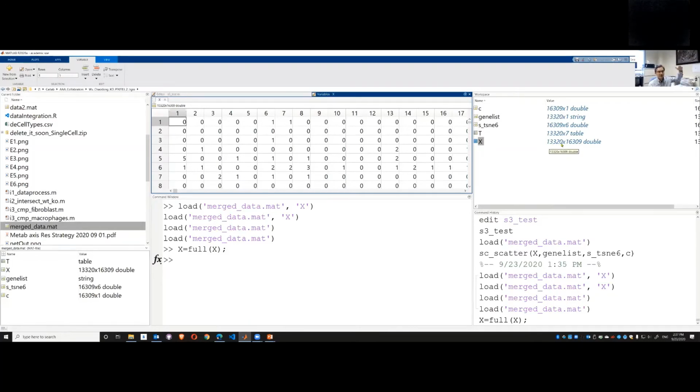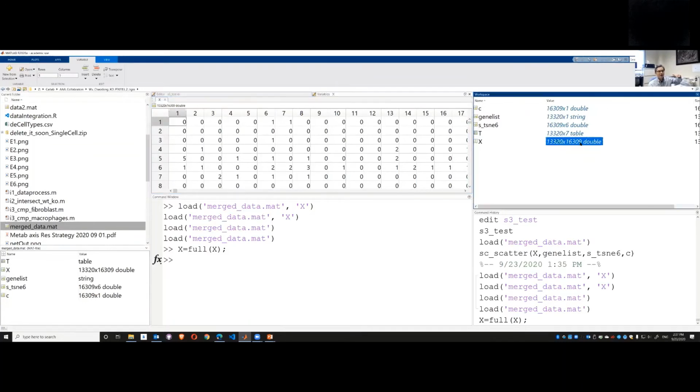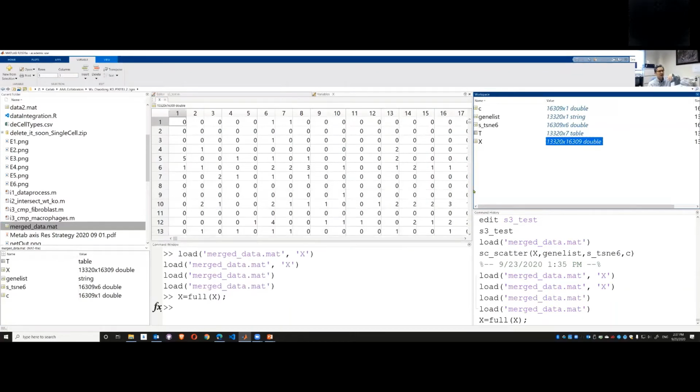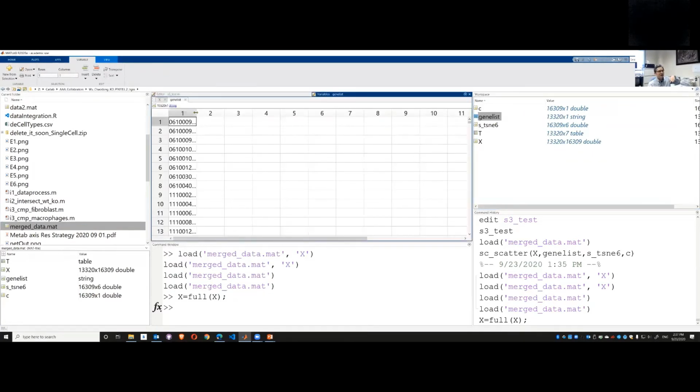That's the number of genes in 16,309 individual cells. So you can imagine this huge Excel spreadsheet of cells and the gene expression level in there. So what are those genes? If you have this gene list, you see, okay, that's the name of genes.